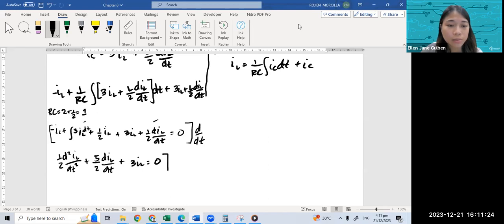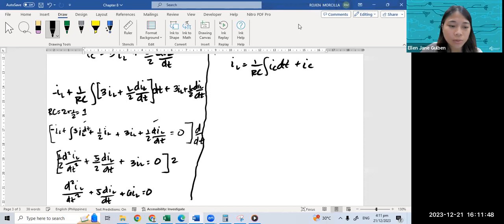Okay, so more simplify, remove the 1/2, multiply it by 2, we get d square IL over dt square plus 5 DIL over dt plus 6 IL equal to 0. Okay, so this is our second order differential equation solving for the IL.